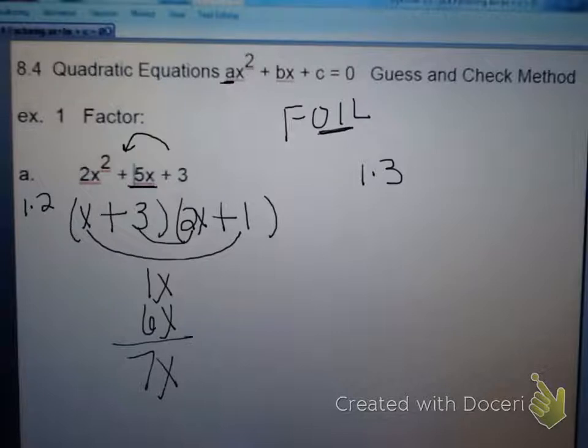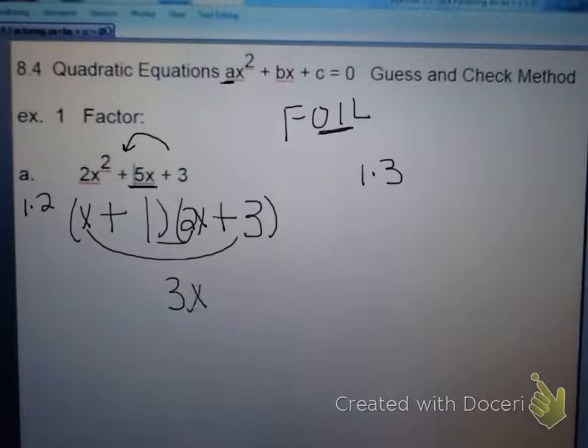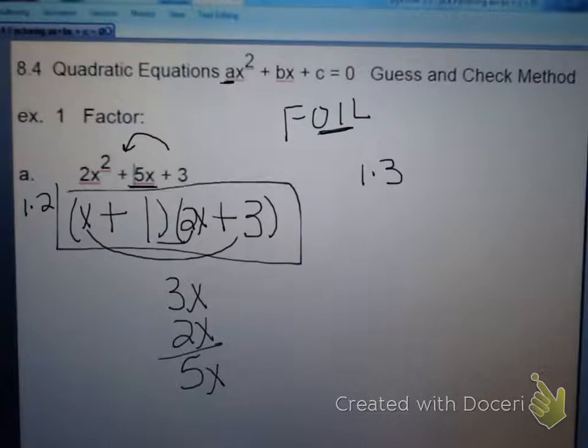So I am going to switch my 3 and the 1 around. Now I'm going to check. My outside is 3x, and my inside is 2x, which is 5x. That is my middle term, so that is the correct answer.